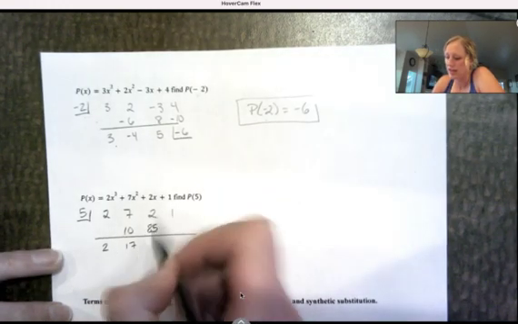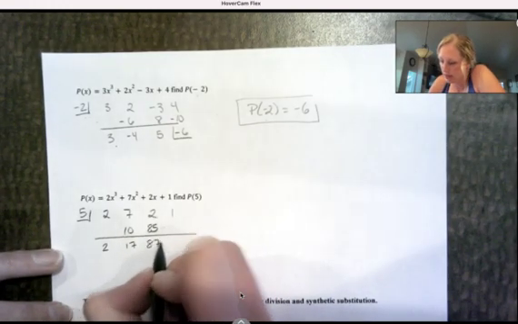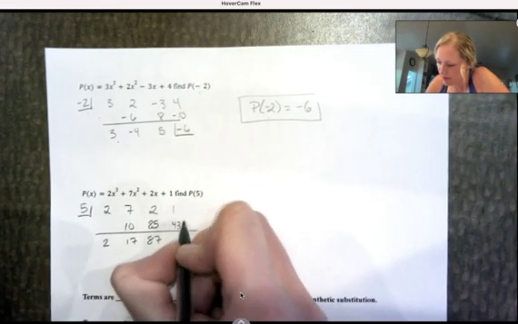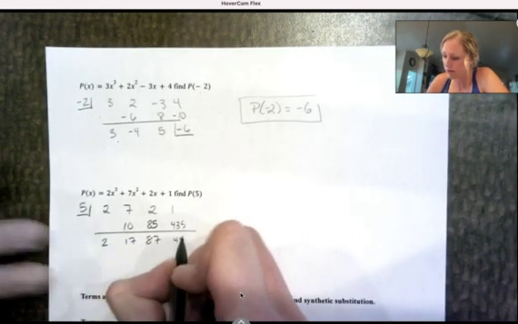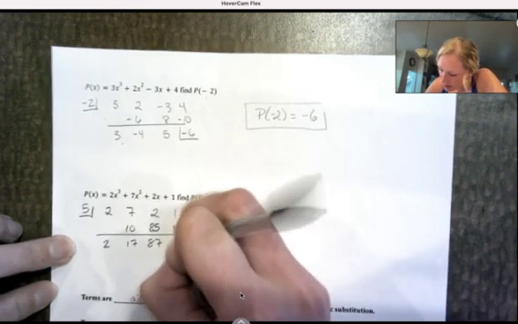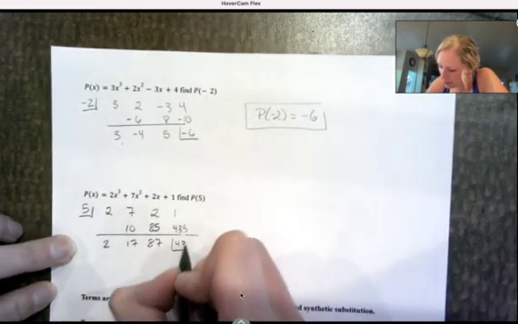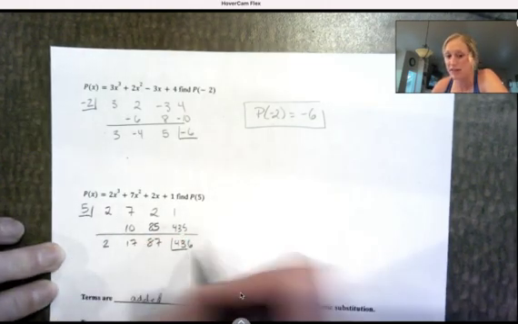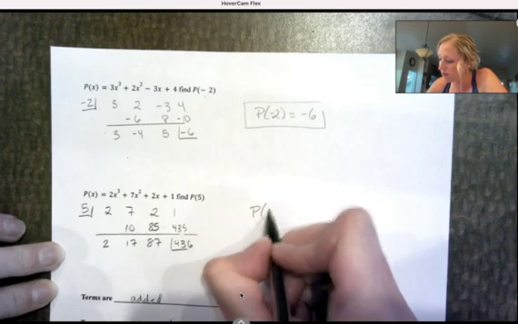Okay, and then add. Oh boy, I'm getting big here. All right, so 5 times 87 is 435. Add 1. So 436 is my remainder. Okay, so p of 5 is 436.